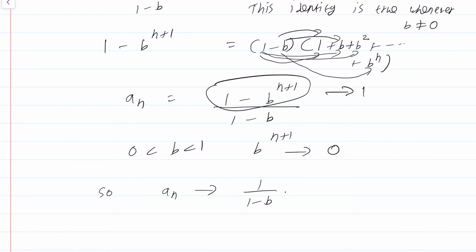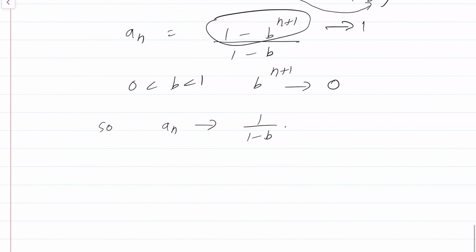Okay, excellent. Now what happens if -1 < b ≤ 0? Again, I leave it to you as an exercise. Hint: you get exactly the same thing. So this shows that the geometric series converges to 1/(1 - b).